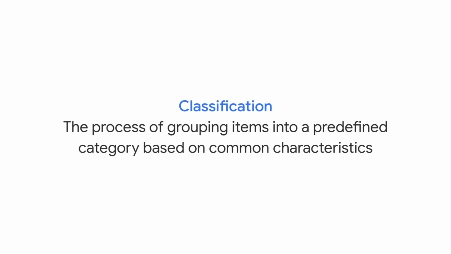Okay, now let's check out some common types of models you can create with machine learning. First is a classification model. You may train a classification model to classify items or group items into a predefined category based on common characteristics. This could be as simple as determining whether something is a mammal or a reptile, or as complex as determining whether a new product is likely or unlikely to sell.